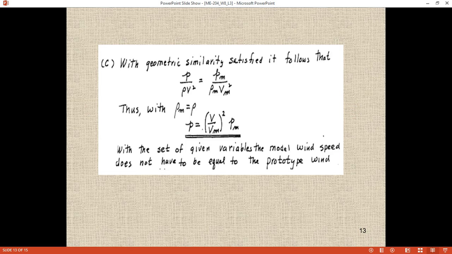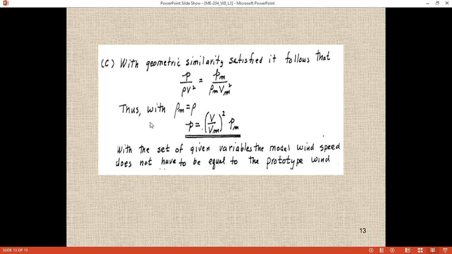We are going to develop a relationship between the pressure drop on the building as a function of the pressure drop on the model. With the geometric similarity satisfied, it follows that... we separate this term because we have to find the pressure drop at a point on the prototype, the real building. So P is a function of the density of the model over the density, and the velocity of the prototype over the velocity of the model.